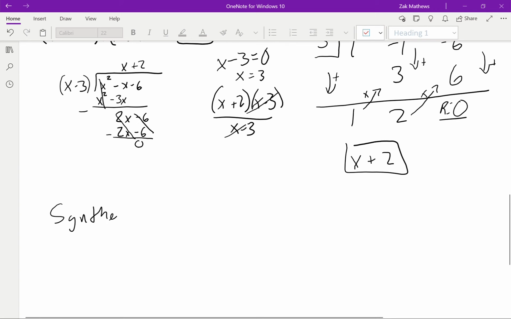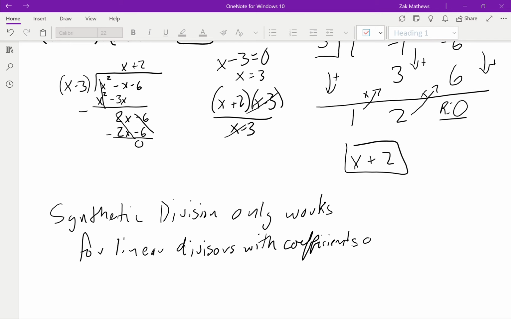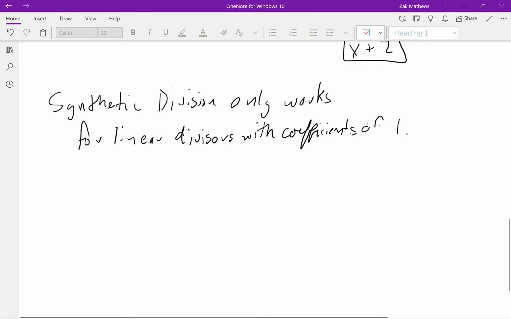Synthetic division only works for linear divisors with coefficients of 1.